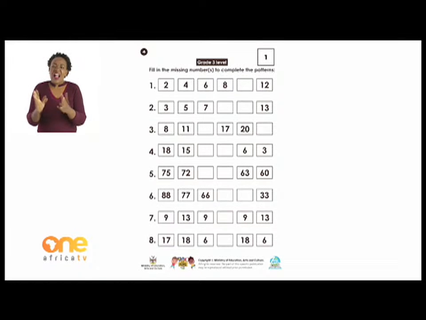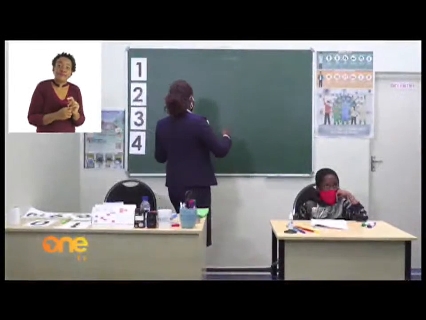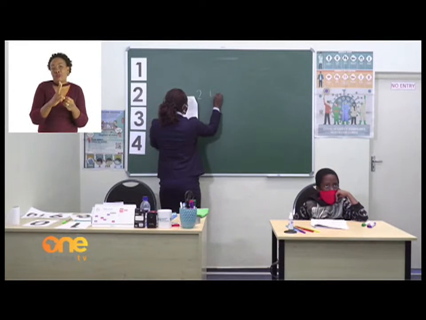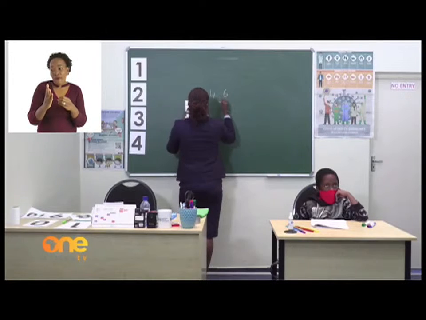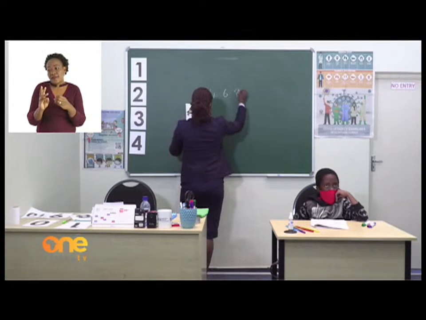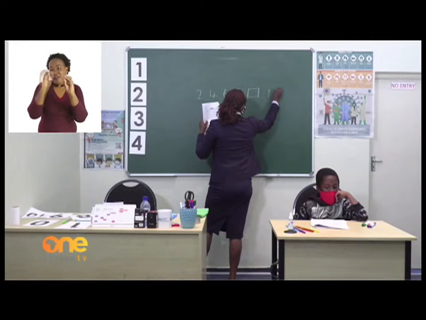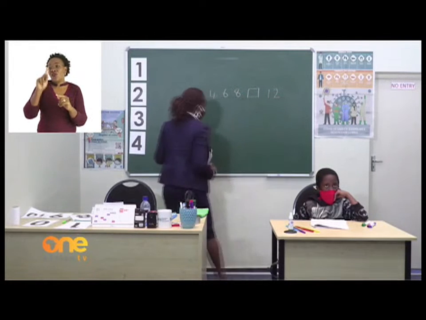How do we know the numbers that they are adding from the first number to the next number? I'm going to show it on the board. We said there is a 2, there is a 4, we have 6, 8, we have a box, and a 12. Okay.